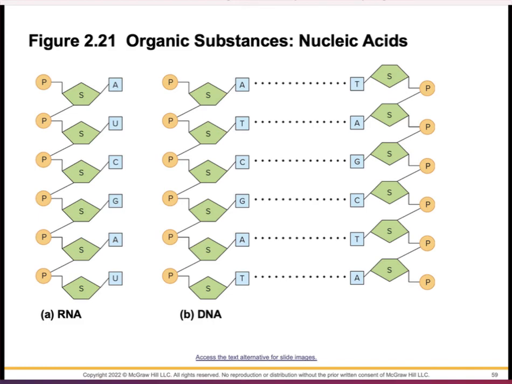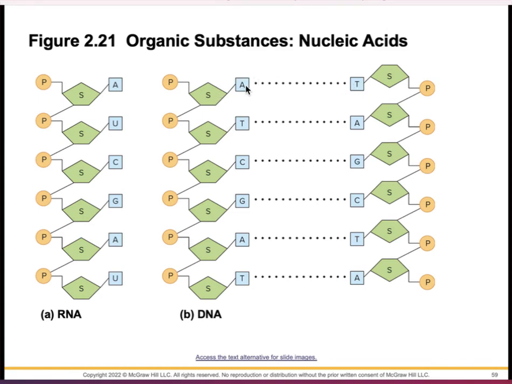Each DNA strand shows a chain of nucleotides, each composed of a phosphate group, a sugar, and a base. The bases for DNA are adenine, thymine, cytosine, and guanine. When you are pairing them, adenine is always going to pair with thymine, so A and T will always bind together.